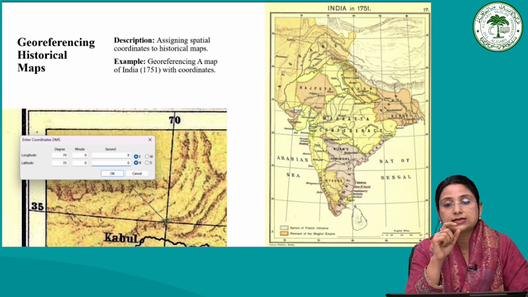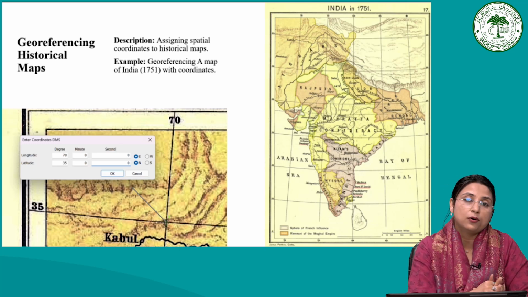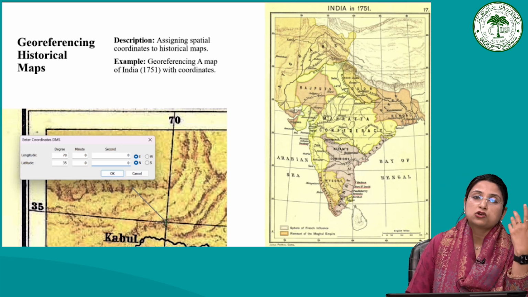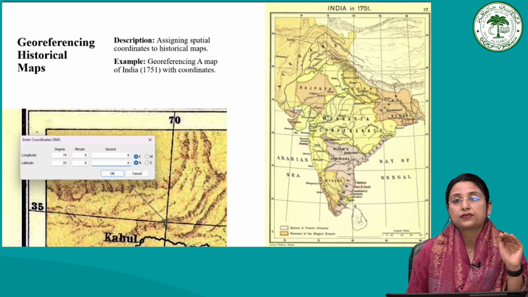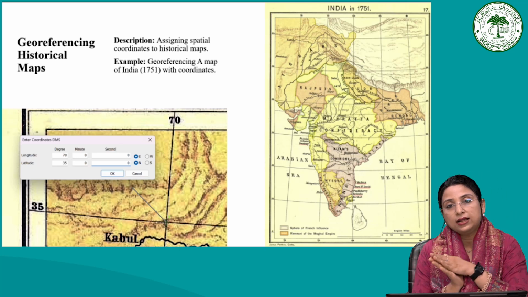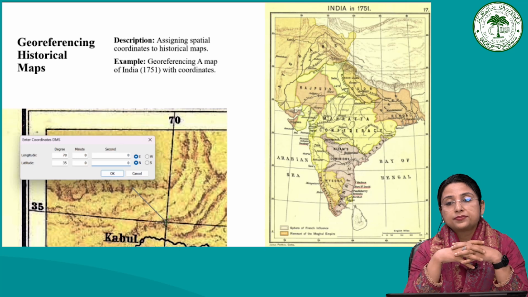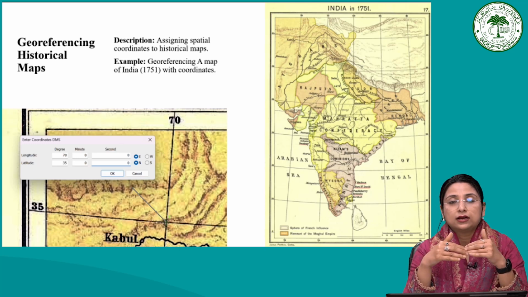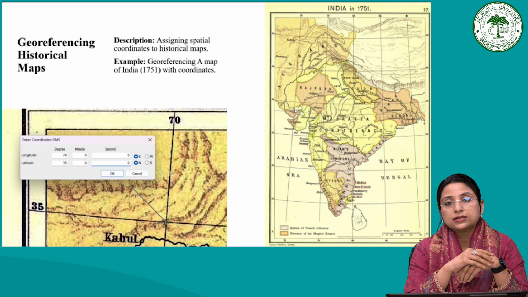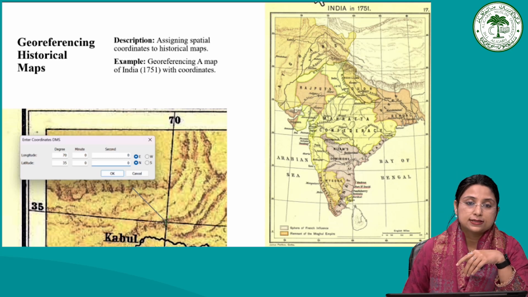Georeferencing is the process of assigning spatial coordinates to points on the historical map and then aligning it with a modern reference map or data set. It means the historical maps which are not referenced are aligned on modern maps in order to reference them. So let us take the example, students.